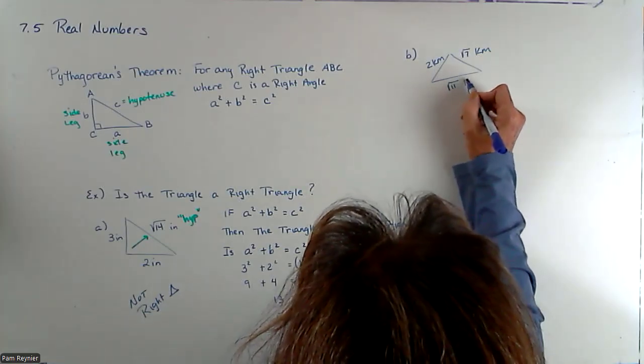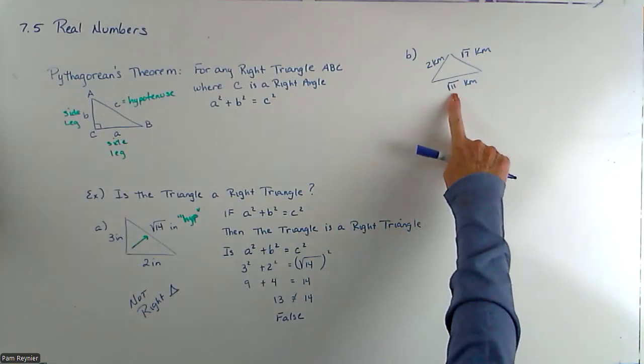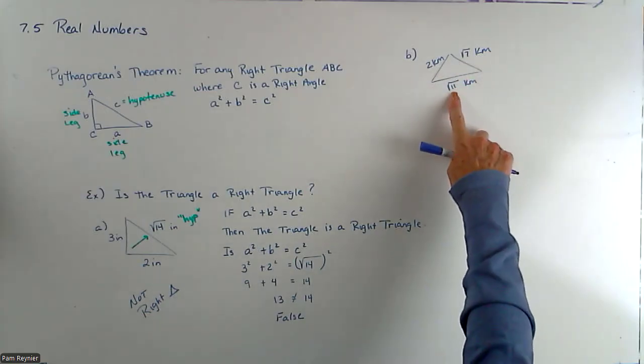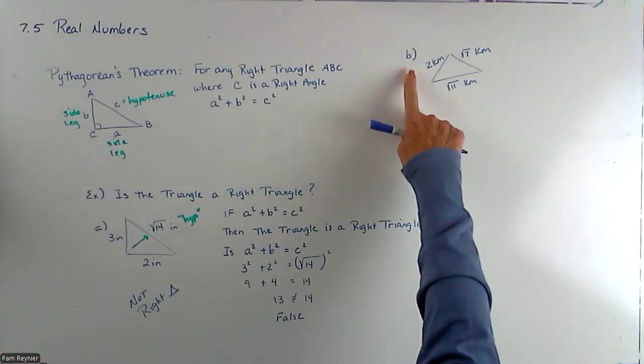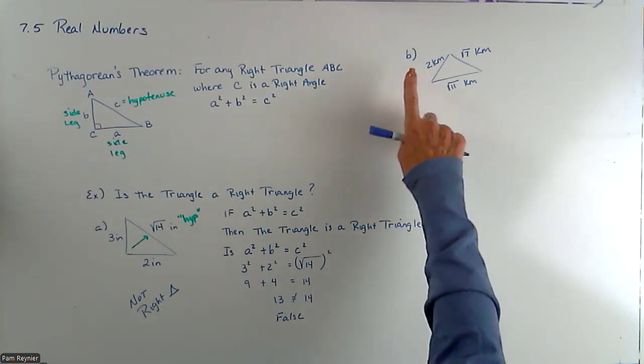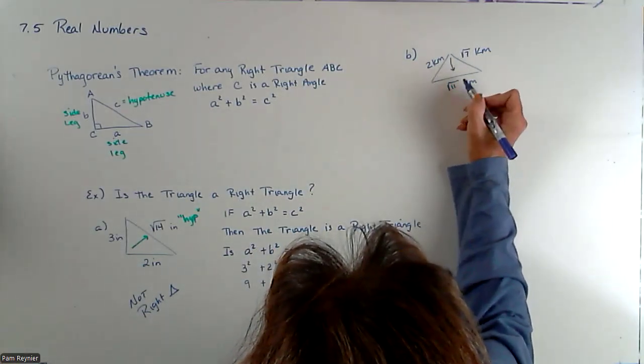And again, the square root of 11 is greater than the square root of 7. The square root of 11 is greater than 2, because the square root of 11 is bigger than the square root of 9, which is 3. So this number is larger than 2. So it would appear as though this is our longest side. So this is our c value.